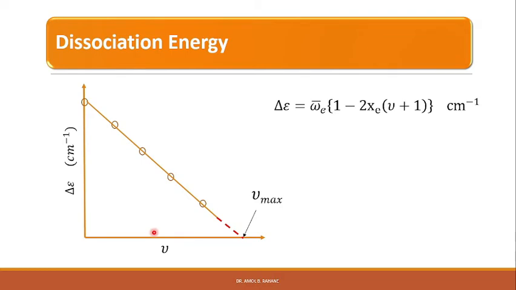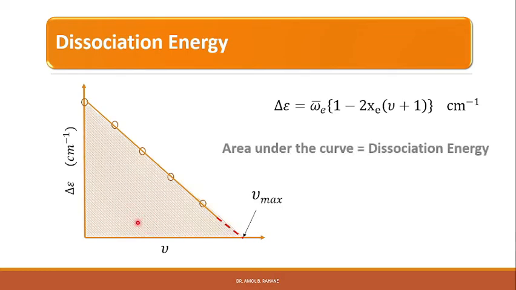So the area under the curve gives us the dissociation energy directly. Such a linear extrapolation was first suggested by Birge and Spooner, and hence it is called the Birge-Spooner extrapolation method. It is a very important method used in chemistry.